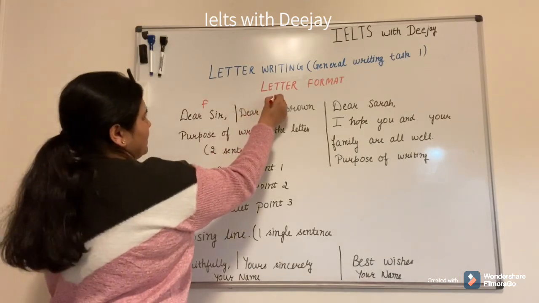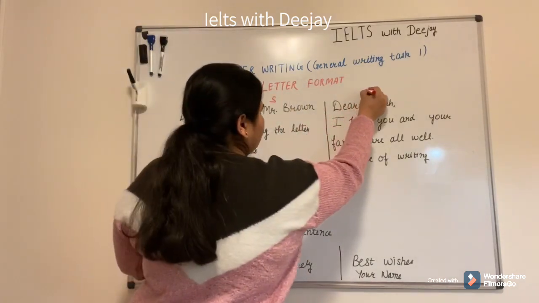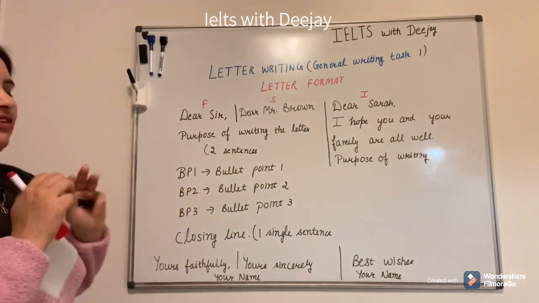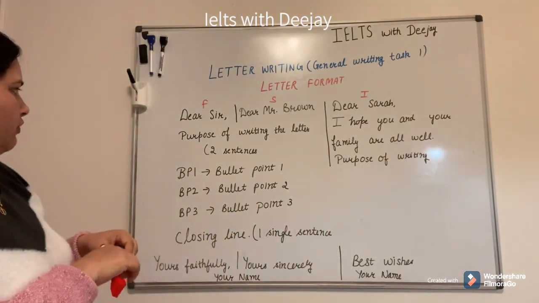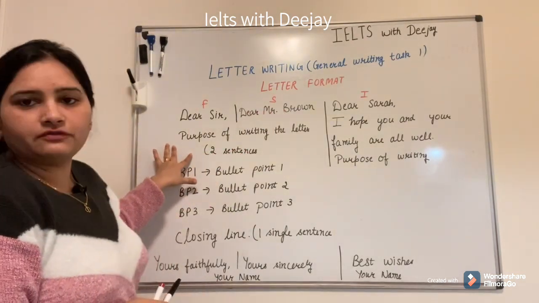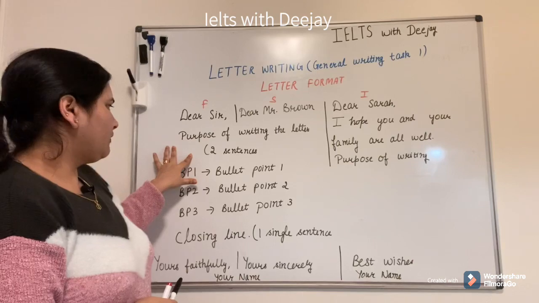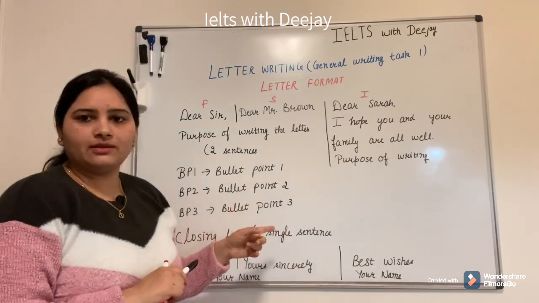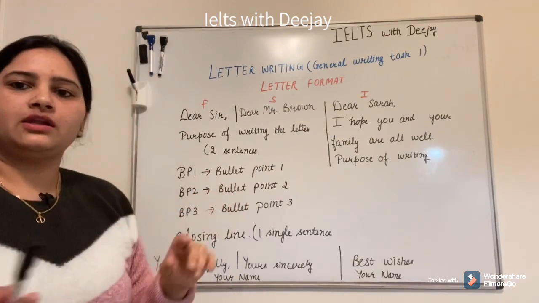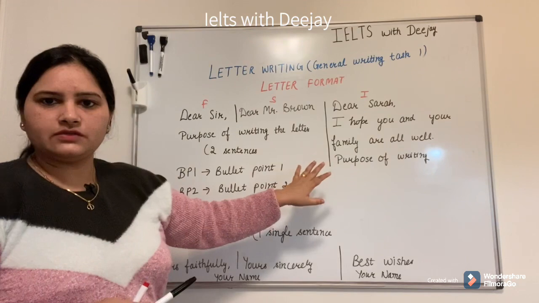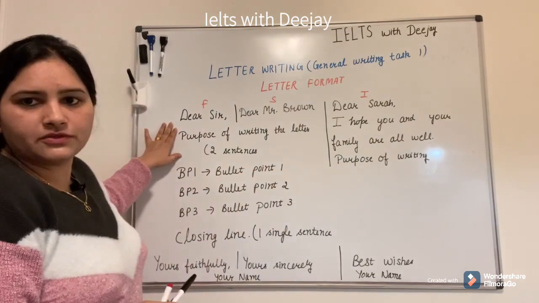The way of writing is going to be the same. In the formal and semi-formal, we will start with the purpose of writing, that is, why we are writing. Suppose we want to apply for a job, then you will start with the same tone, I am writing in connection with, I am writing this letter, whatever the reason is for writing, you will discuss it here, the purpose of writing the letter.